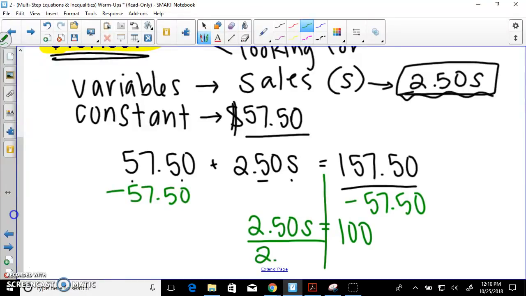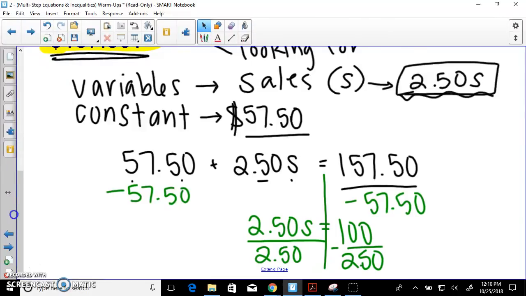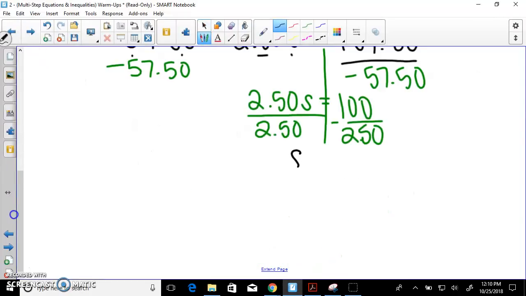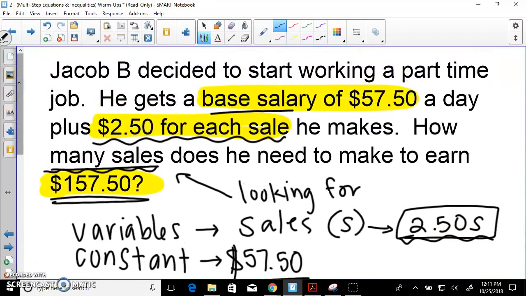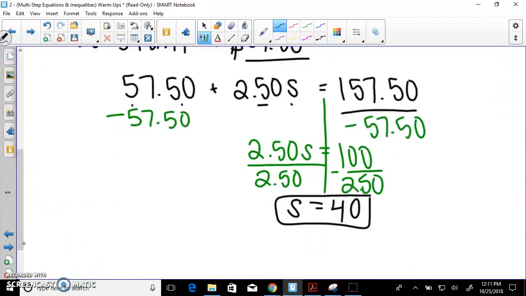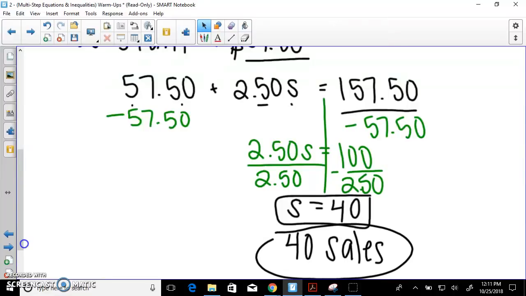From here, we're going to divide both sides by 2.50, and we find that S equals 40. Our answer needs to be in terms of the question being asked. How many sales does he need to make to earn that money? He needs to make 40 sales. So that would be our answer, 40 sales.